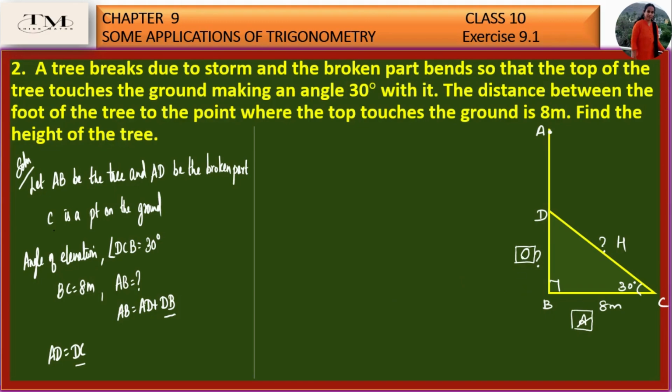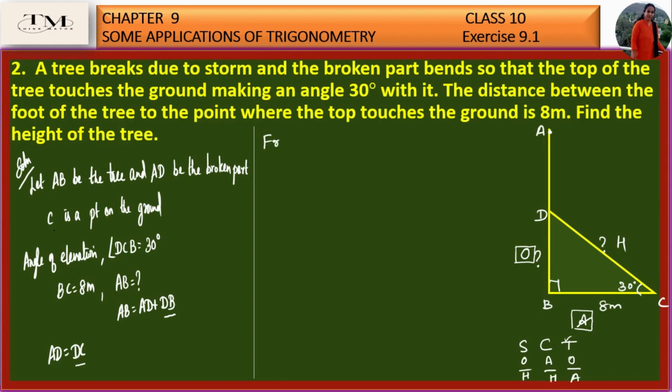So which one matches for opposite and adjacent? We know SOH CAH TOA. S is opposite by hypotenuse, C is adjacent by hypotenuse, and T is opposite by adjacent. So it is tan. So O by A is matching for tan. So we are going to use the tan value.